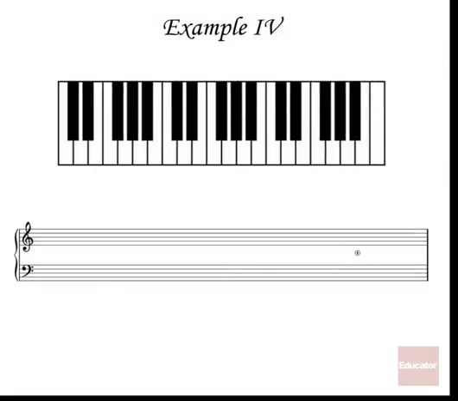And for the last example, let's be in the bass clef and go back to using the piano keyboard. So I will black out some notes again. And let's see, so we know that if this was middle C, it would be here.